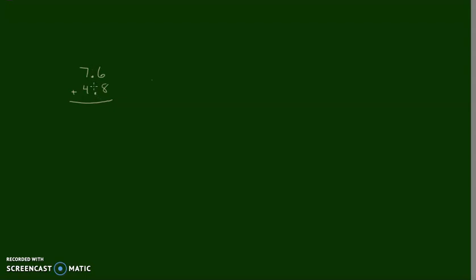We have to make sure of that before we add. Then we can add like we normally would. So 6 tenths plus 8 tenths is 14 tenths. 1 plus 7 is 8 plus 4 is 12. So our answer would be 12 and 4 tenths.